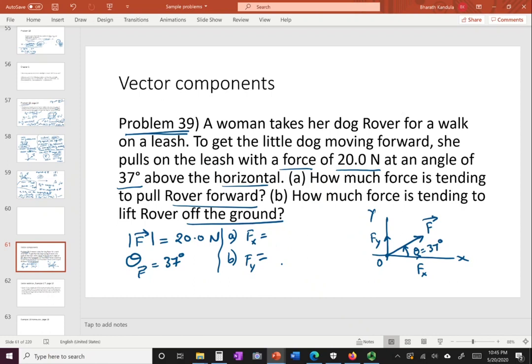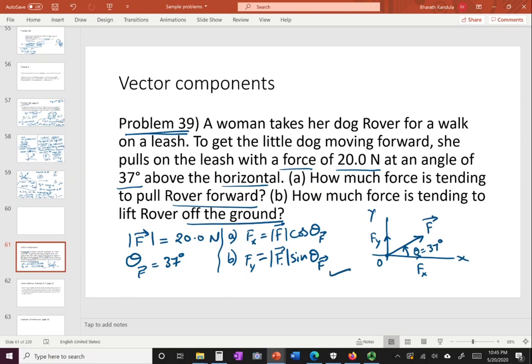You remember from the previous slide you learned how to calculate x and y components. This is the magnitude of the force vector times the cosine of the angle the force makes with the x-axis, and this is the magnitude times the sine of the angle. Clear? We know the magnitude and direction.